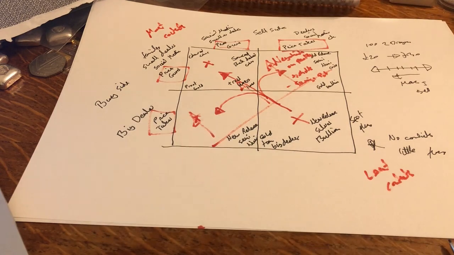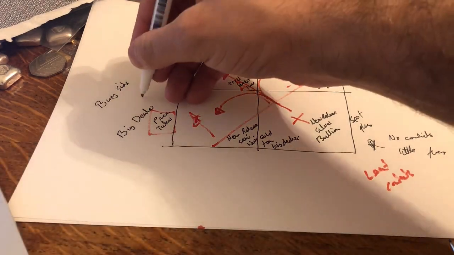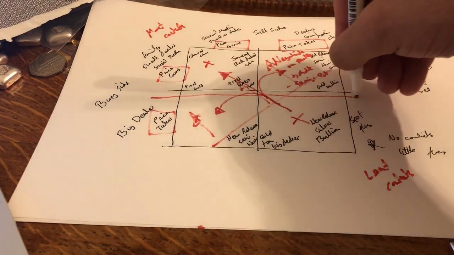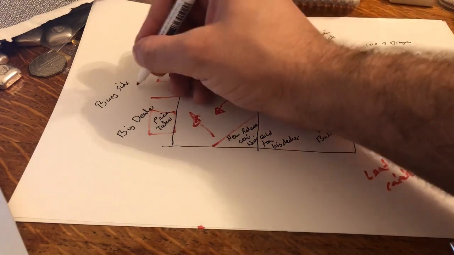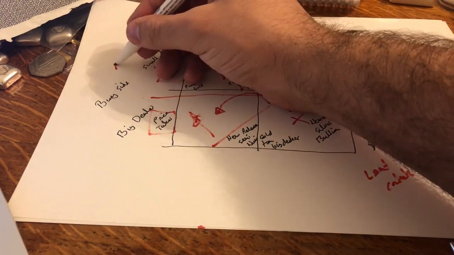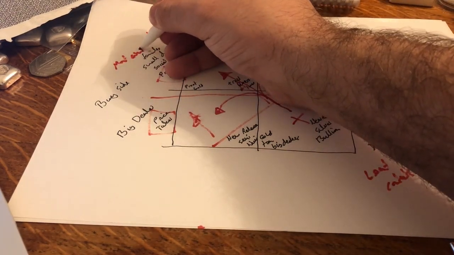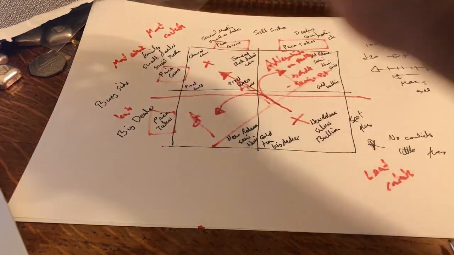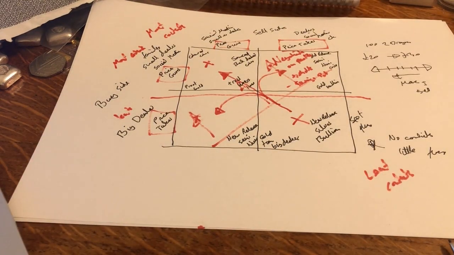So this is on the sell side. On the buy side, you want to be here. Buy side. So most contacts, least contacts. You know, I hope this doesn't go over anyone's head.